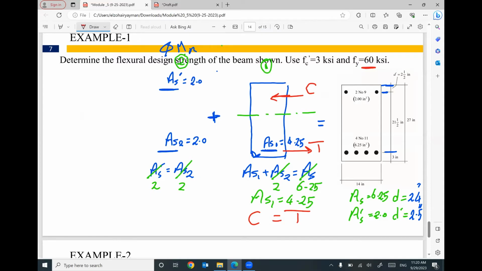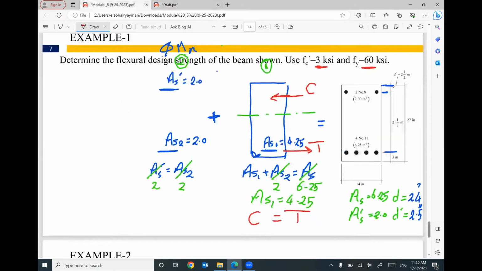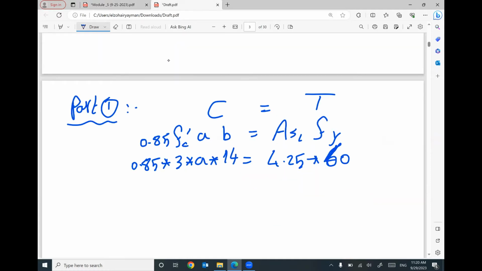It is given 3 KSI, so I will use 3. Times A, I don't know. Times B, what is the width of your cross section, is given by 14. The only unknown in this equation is your value A. This A will be 4.25 times 60 divided by 0.85 times 3 times 14.